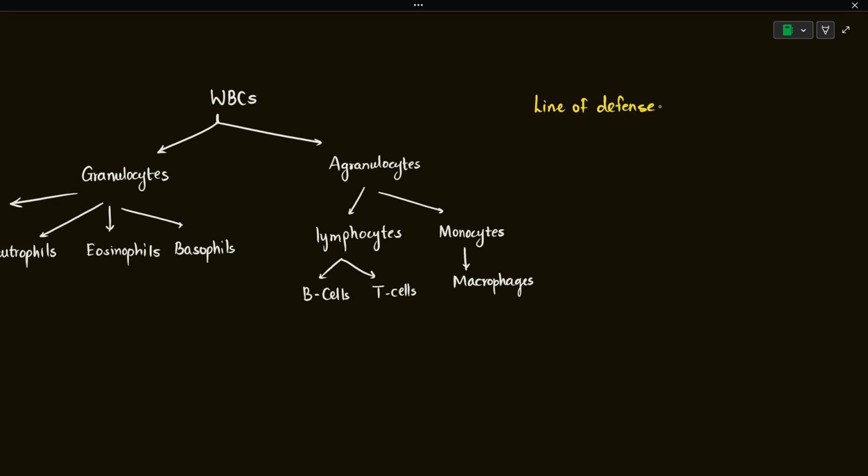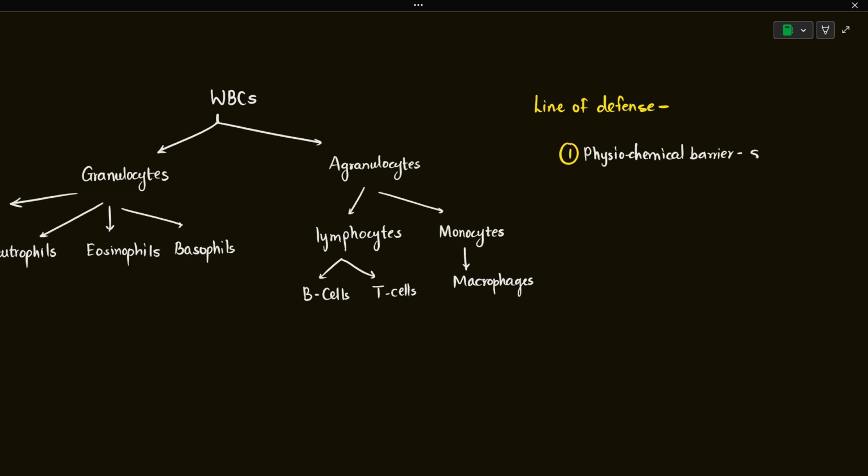Okay, so there are three lines of defense. The first line of defense is also known as the physiochemical barrier, which is going to ensure that no pathogen enters the body. It is a defensive mechanism of the body so that no pathogen should enter.